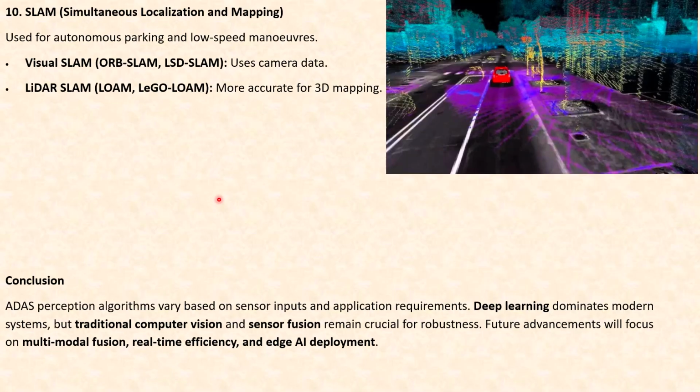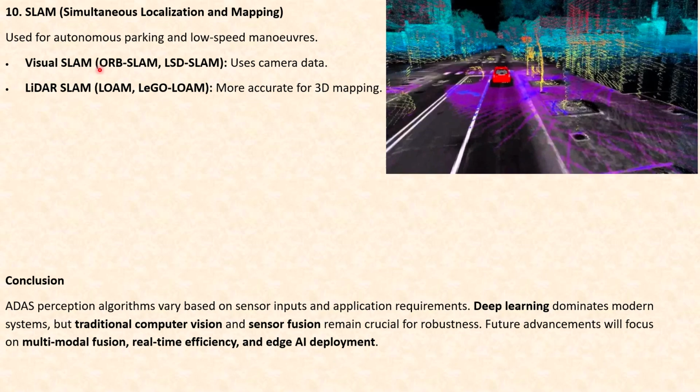Last but not the least, or the most important one, is SLAM, the acronym for simultaneous localization and mapping. It is used for autonomous parking and low speed maneuvers. Okay, understand this very carefully. And what are the various types of SLAM algorithms?